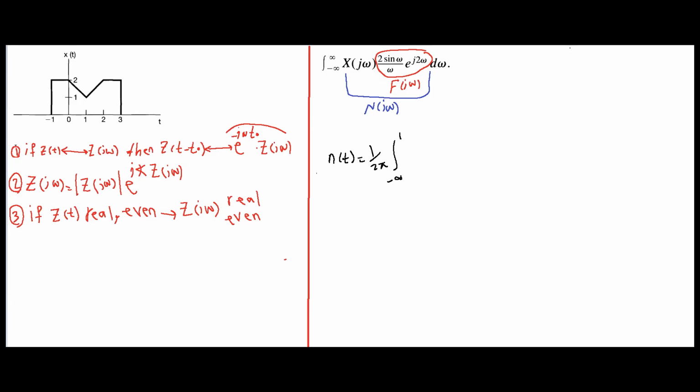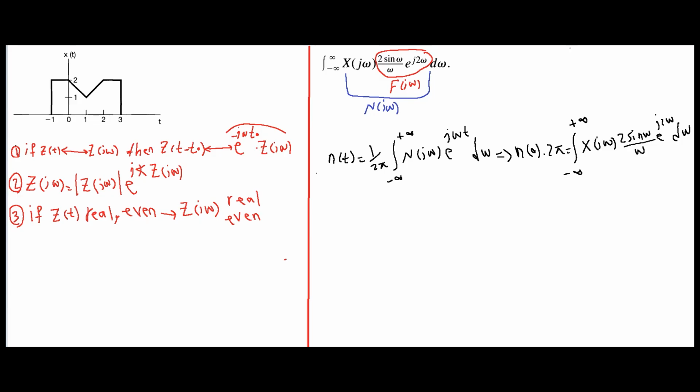First, based on the inverse Fourier transform relationship, we write n(t) as 1 divided by 2π multiplied by the integral of N(jω) multiplied by e^(jωt). Then at t equal to 0, multiplied by 2π, it becomes equal to the integral of N(jω). So n(0) multiplied by 2π is equal to the integral of N(jω), which is exactly the integral that the question asks us to find.